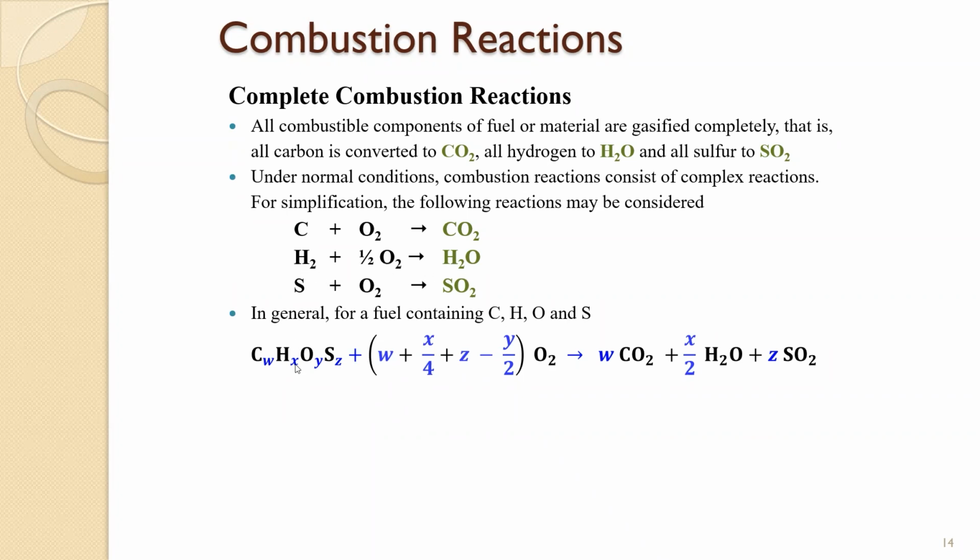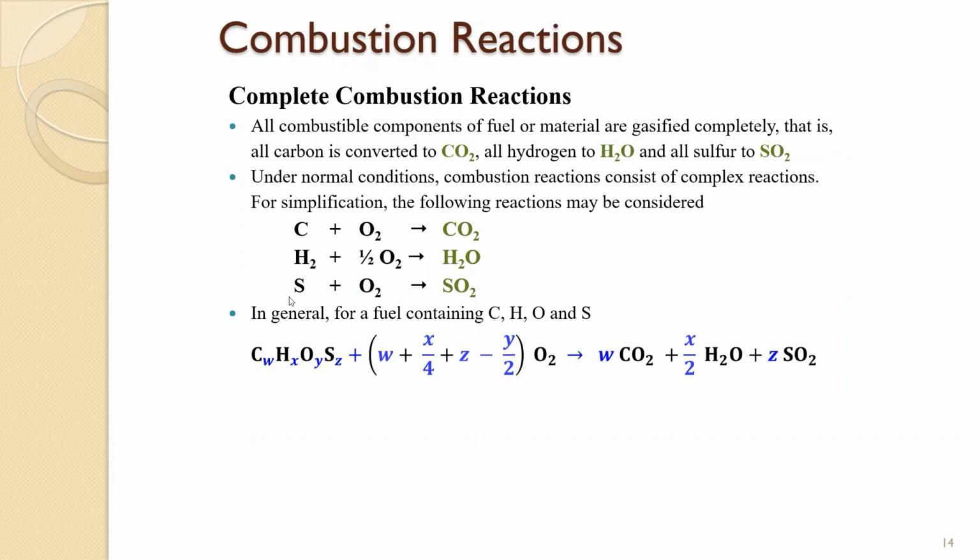But this should be H2, and this is just H. So 1/2, we divide again by 2, that's why it's 1/4 of the X. Because this H is just HX. This is H2. You understand? That's why this becomes 1/4. S is 1:1 with oxygen.